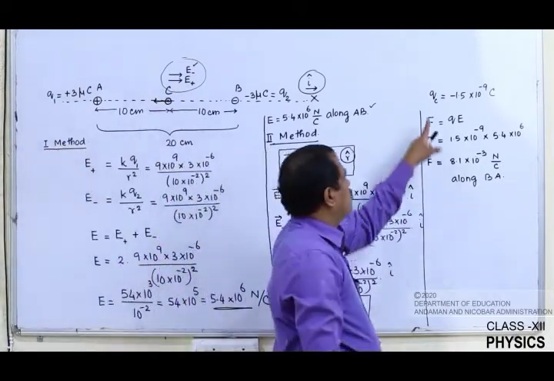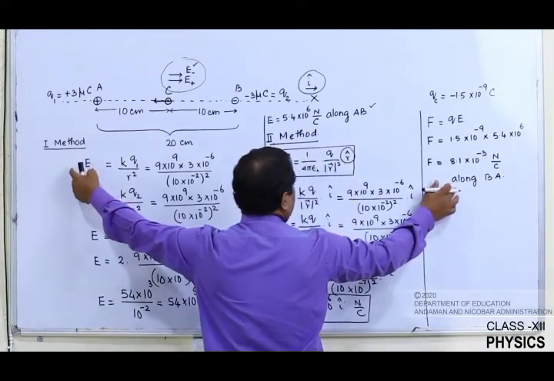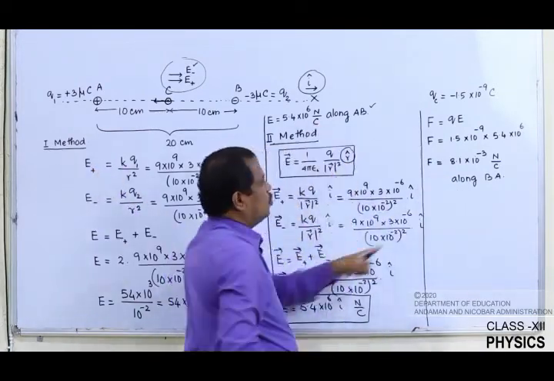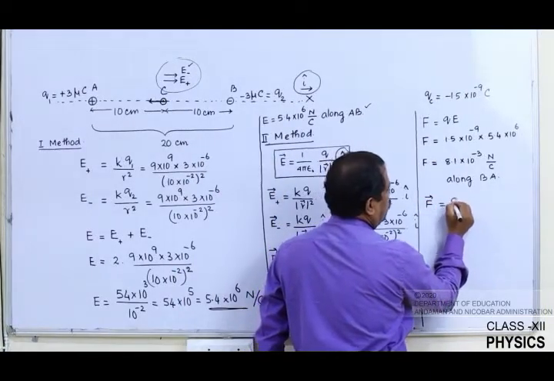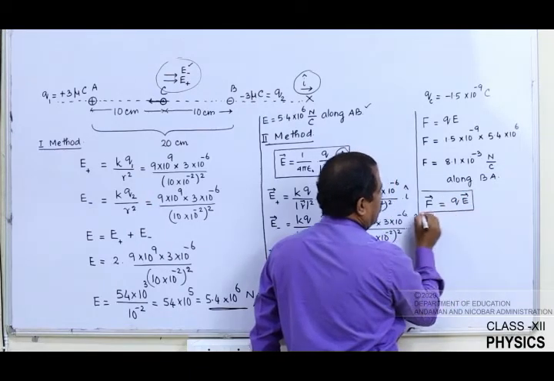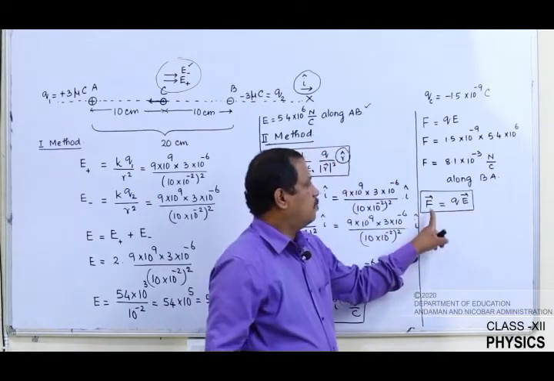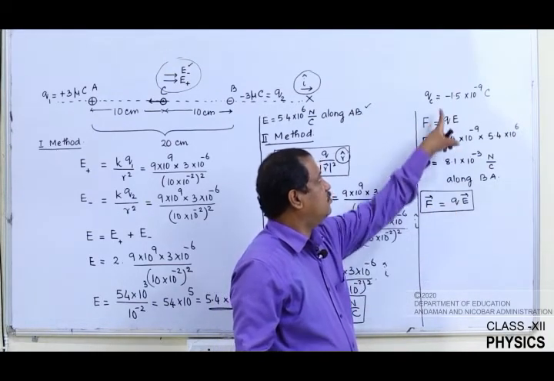Now this has been calculated using the first method. Using the second method, I can calculate in vector form too. F is equal to Q into E. We have already studied that while solving the problem in vector form, we place the value of charge with its sign.